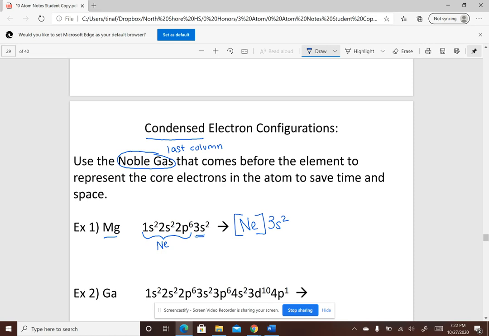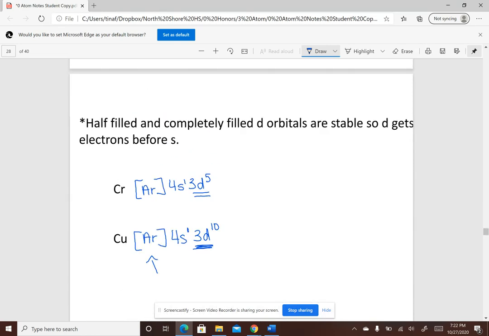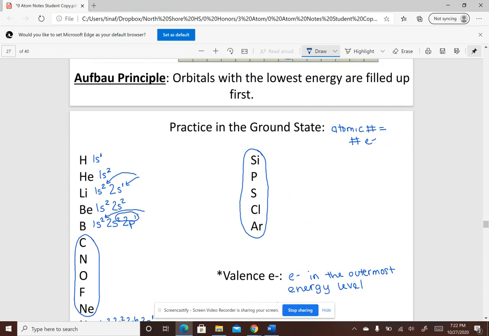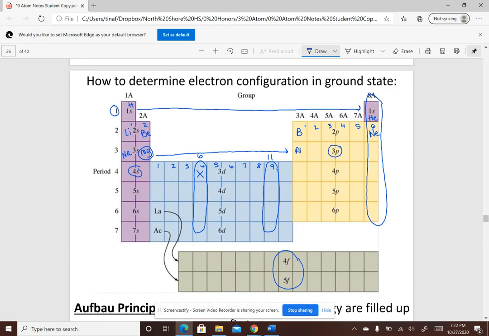All right. Gallium is all the way down here, I believe. This is gallium down here, right? So if I look at the noble gas that came before gallium, it's argon.